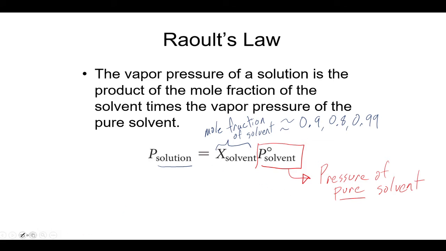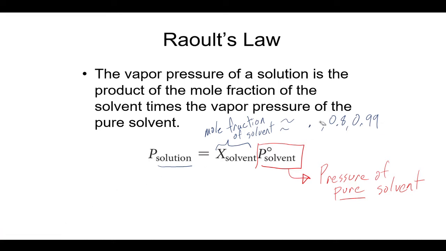Now, the pressure of the solution will always be less than the vapor pressure of the pure solvent because this mole fraction here is always less than 1. It's a fraction. It's the amount of solvent in moles divided by total moles. I could probably write that here, the actual formula.